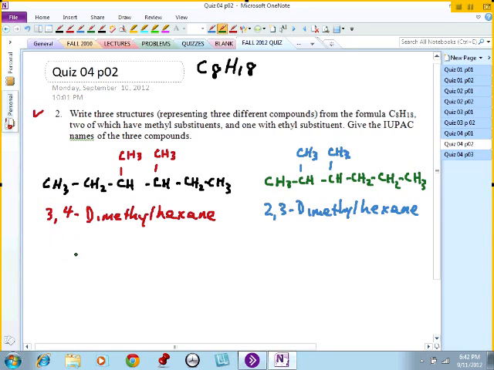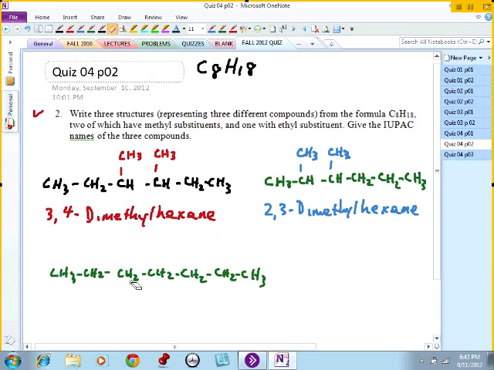In that case, what would be the longest chain? It would be 7, right? In that case, you could have the methyl on any part of the chain. Okay, so we have this. So that is the base name.